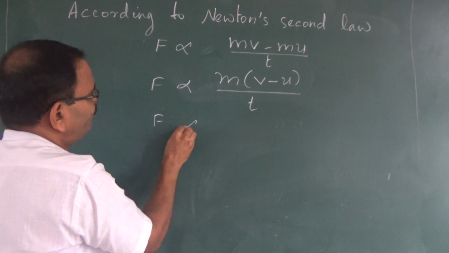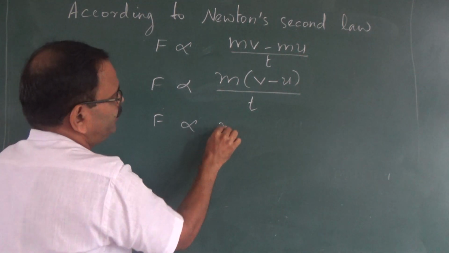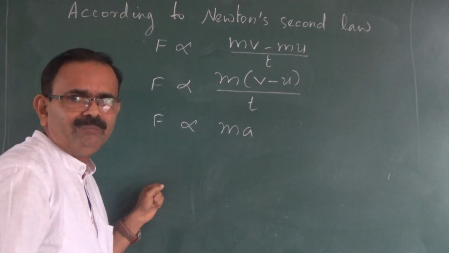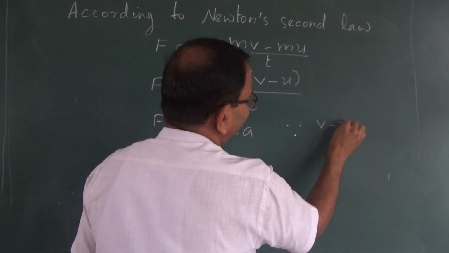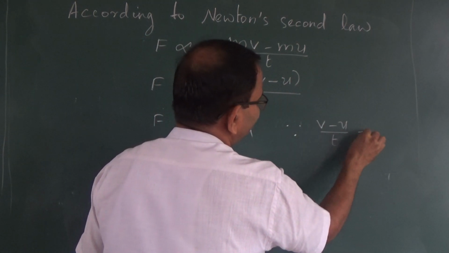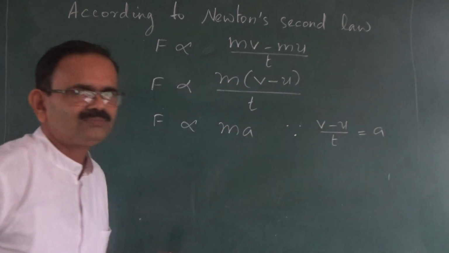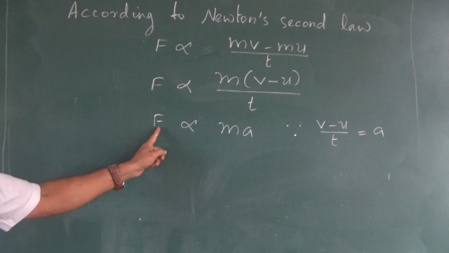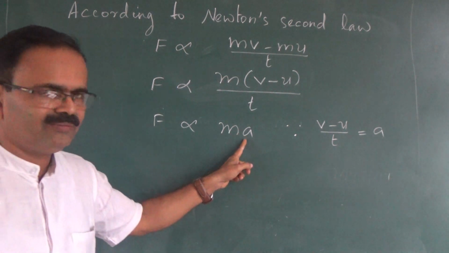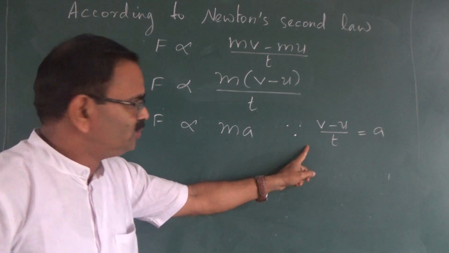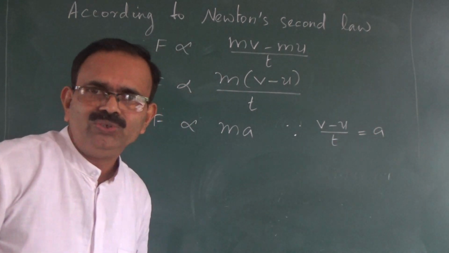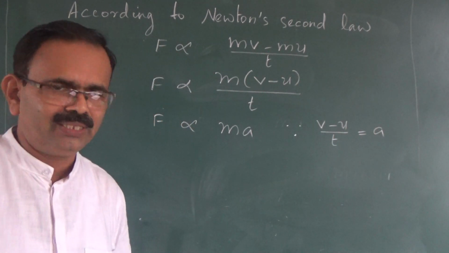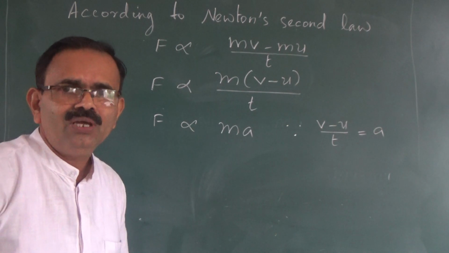So F is proportional to ma, because we know v minus u by t, change in velocity by time, is nothing but acceleration a.